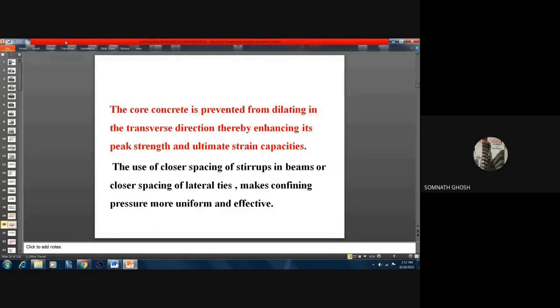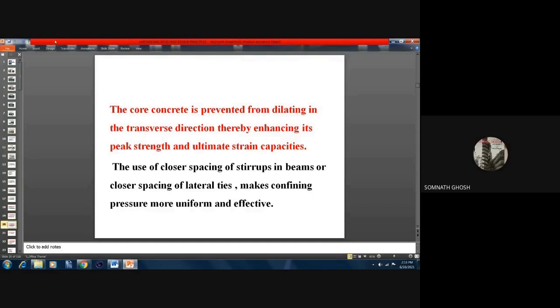Now the core concrete. What does it mean? Core concrete means that suppose there is a column, and there are 16 longitudinal bars. Within these 16 longitudinal bars, the inside part is known as the core. That is the core concrete. Similarly for a beam, the inside part within the stirrup, that is the core.